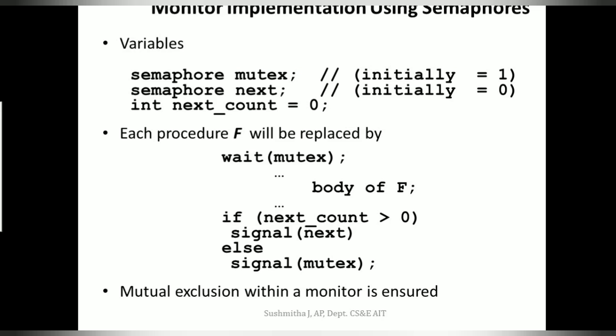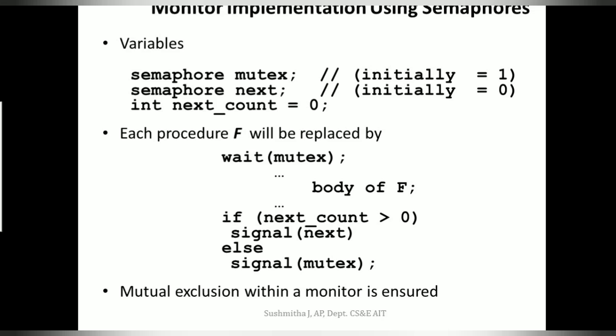The next algorithm we have is about monitor implementation using semaphore. We have already seen earlier that semaphore is very good at giving mutual exclusion. So can we have that for the monitor as well? If a process is executing in the monitor, can we ensure mutual exclusion for the execution of the monitor?